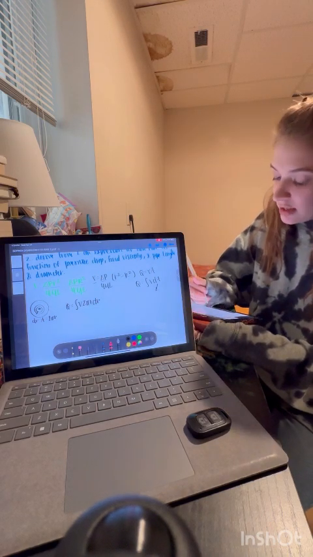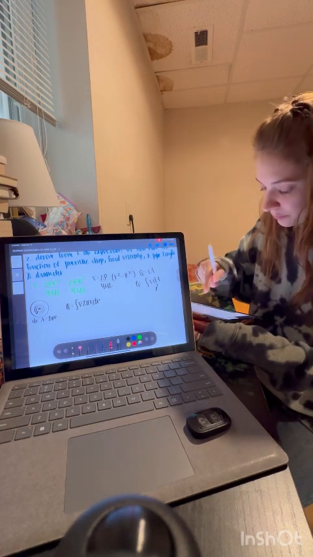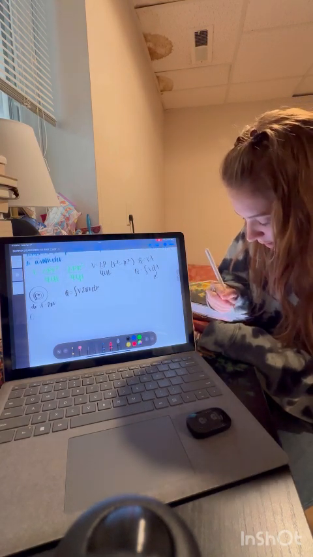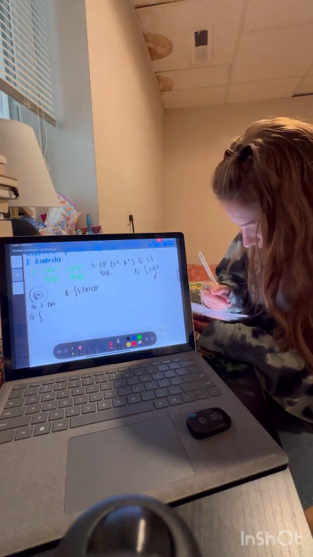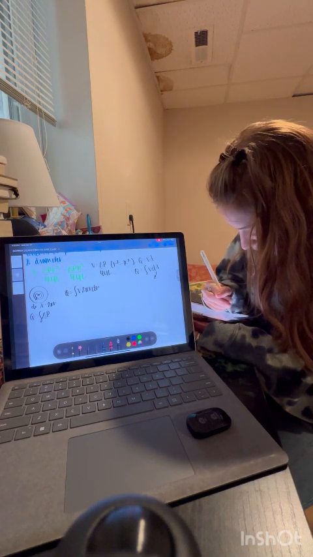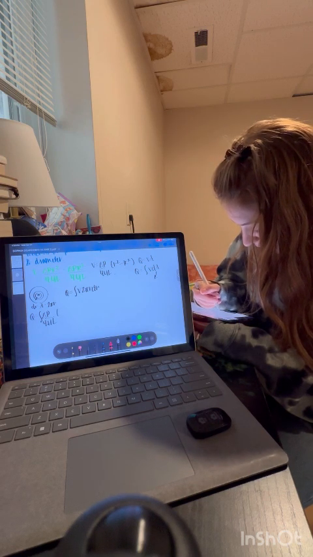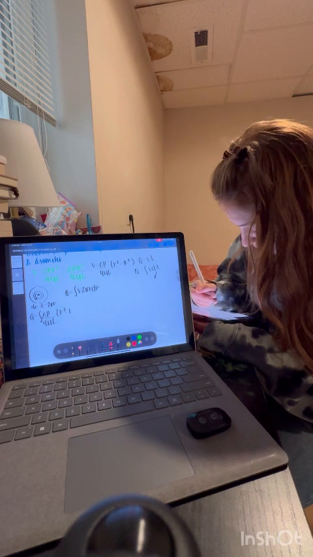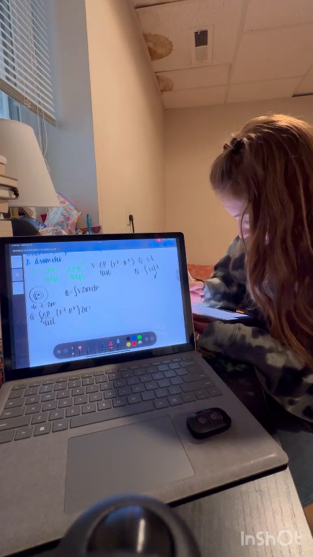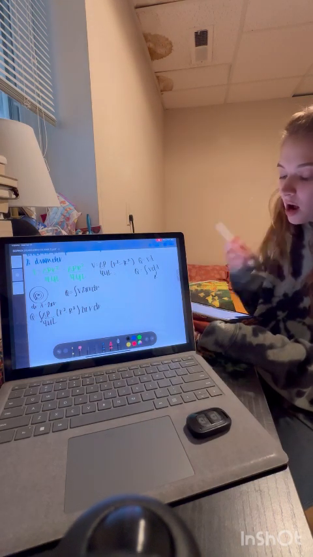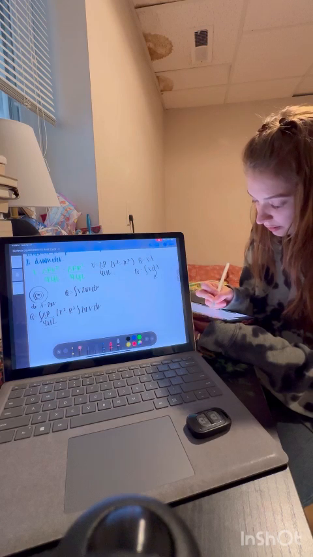Plugging in our expression for V, we can see that Q is equal to the integration of change in pressure over 4 mu L times big R squared minus r squared, times 2 pi r dr. Pulling out some constants, I'll underline what we're going to pull out in red.